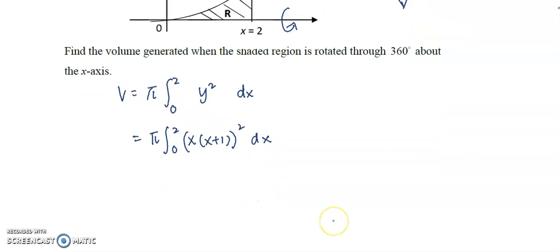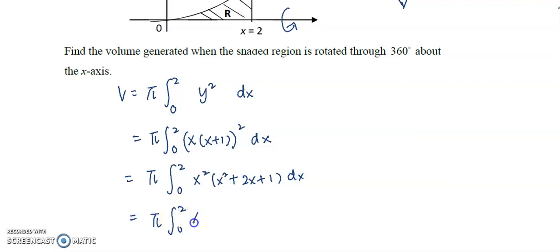So we need to integrate from 0 to 2. Firstly, just expand first. You will have x squared plus 2x plus 1. Expand further. You have x to the power of 4 plus 2x cubed plus x squared.